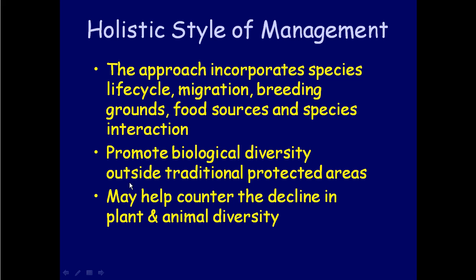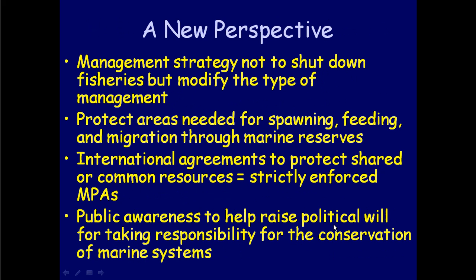It promotes biological diversity outside the traditional protected areas, and may help counter the decline in plant and animal diversity. It's not a strategy to shut down fisheries, but to modify the type of management and protect areas needed for spawning, feeding, and migration.